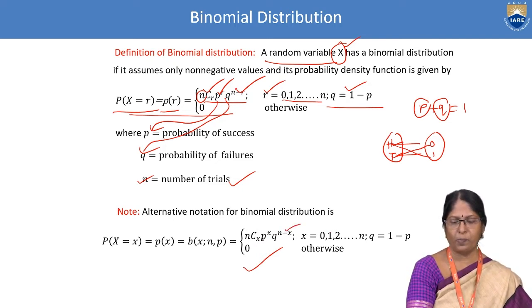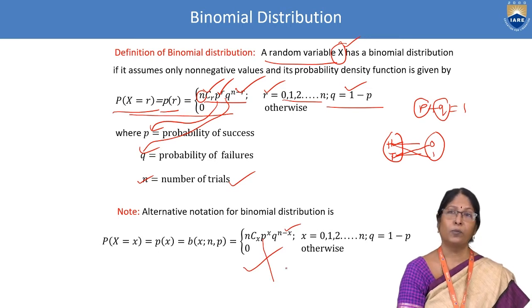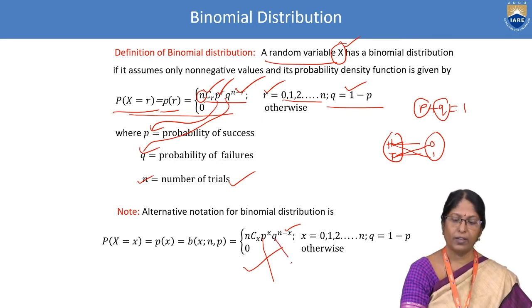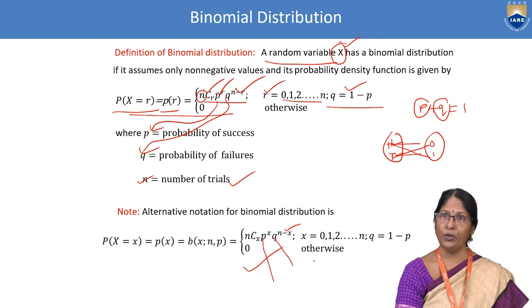To be clear, p is the probability of success. The meaning is, before tossing the coin, my expectation is that I want head. If I get head, that is the probability of success. Not getting it is the probability of failure.